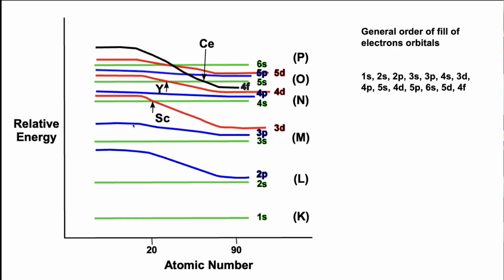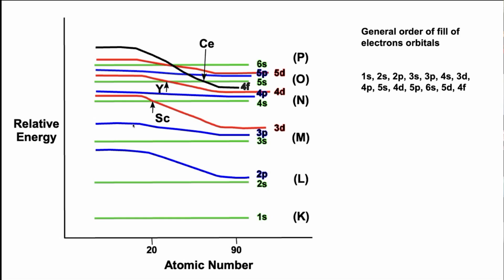So Bob mentioned the filling of the orbitals can get quite complicated, particularly when you get down to the rare earths. All this diagram is really showing is atomic number on the x-axis and the relative energy it takes to fill those shells.